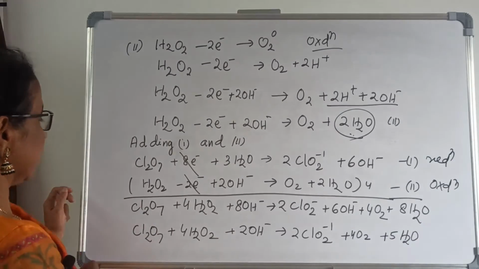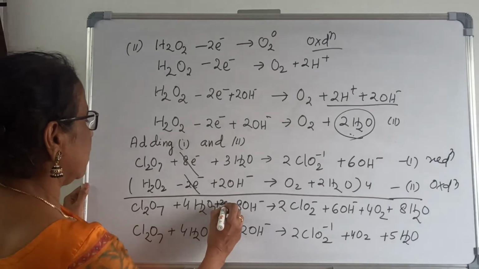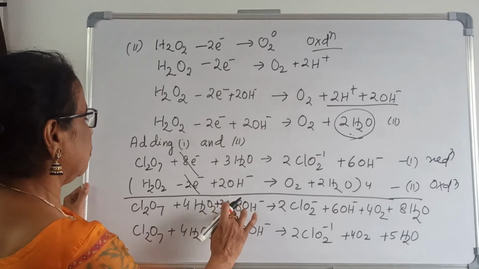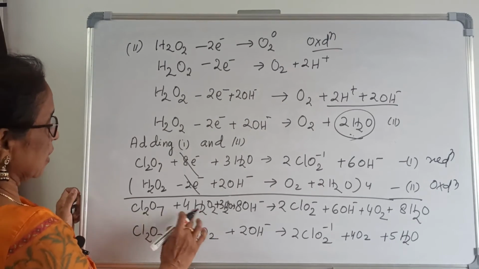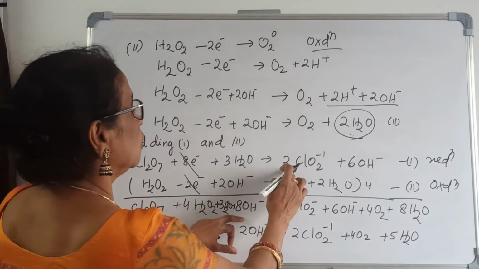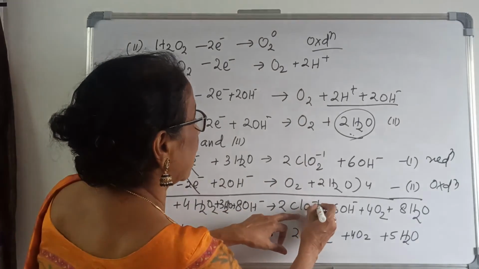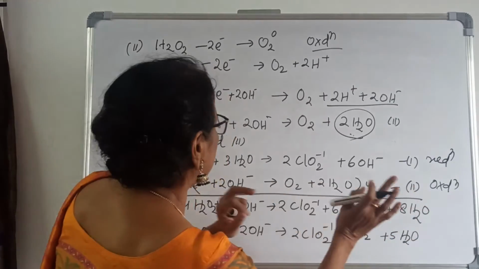Now what happens here? Here you should add 3 water, and 3 water plus 8 OH minus. Here 3 water, 8 OH minus, 2 ClO2 minus, 6 OH minus, 4 oxygen, 8 water.